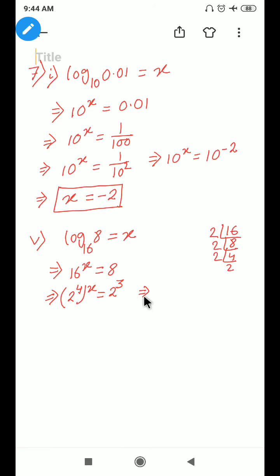We know that x to the power m whole to the power n means x to the power mn. So it will be 2 to the power 4x is equal to 2 to the power 3. So if you compare both sides, it will be 4x is equal to 3. So x is equal to 3 by 4.